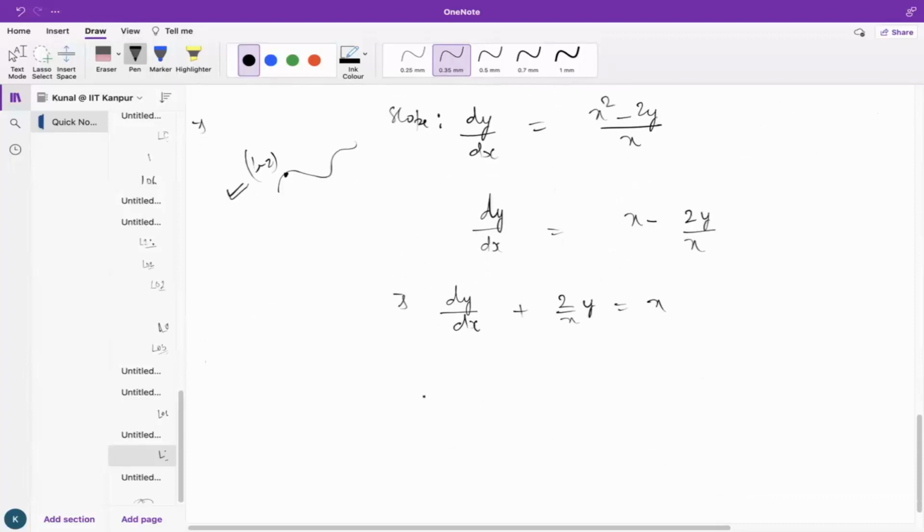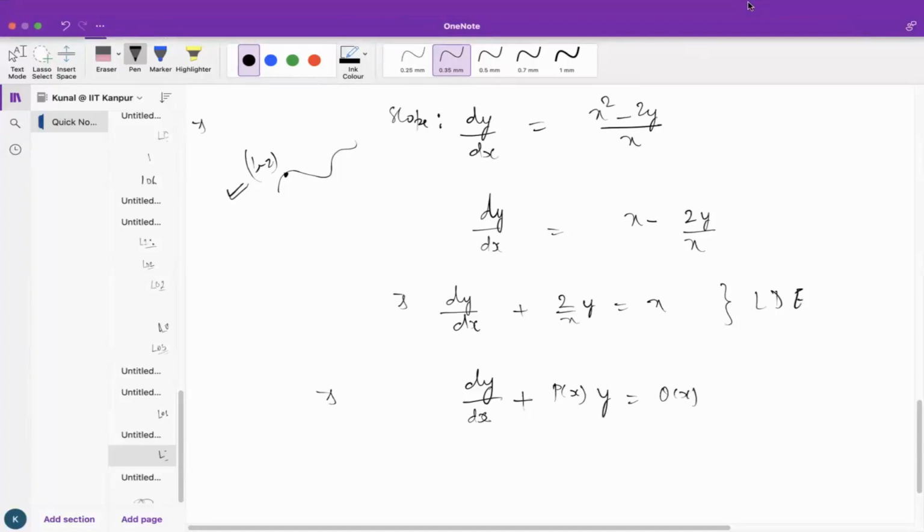Yes, it is a linear differential equation because it is in the form dy by dx plus P(x) into y is equal to Q(x), right?